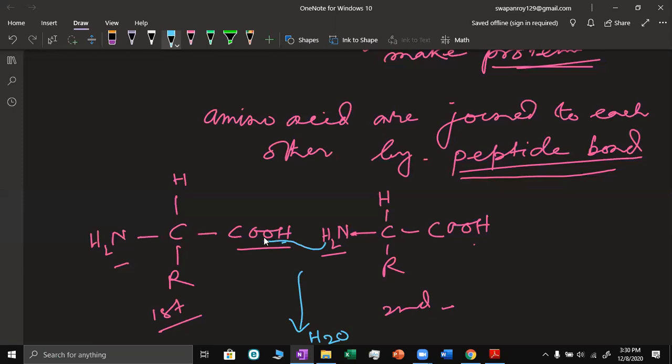One hydrogen will remain, and this will form a bond, CO and NH, and water has come out. The bond that is formed is CONH. This is the peptide bond.